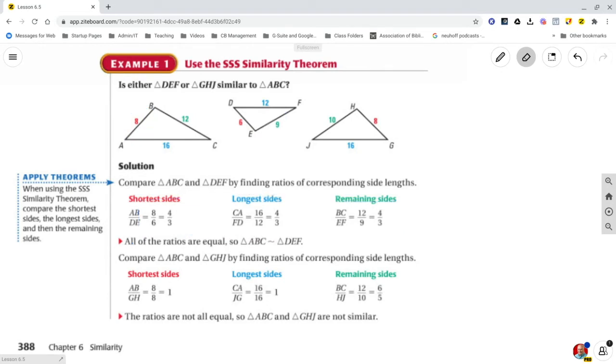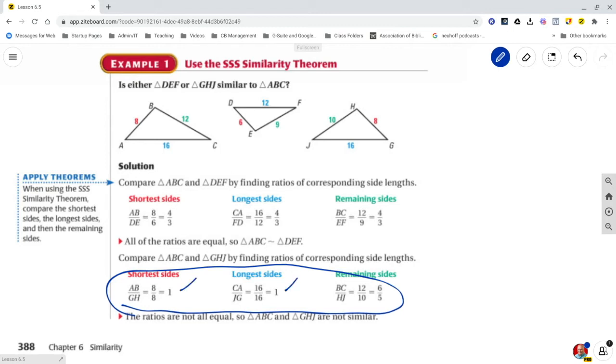So when we compare the first two triangles, we find that it is. It's all 4/3. So we know that ABC is going to be similar to DEF. Now we're going to consider ABC and consider GHJ. So we set up our ratios, again, based upon short side, medium sides, long sides.